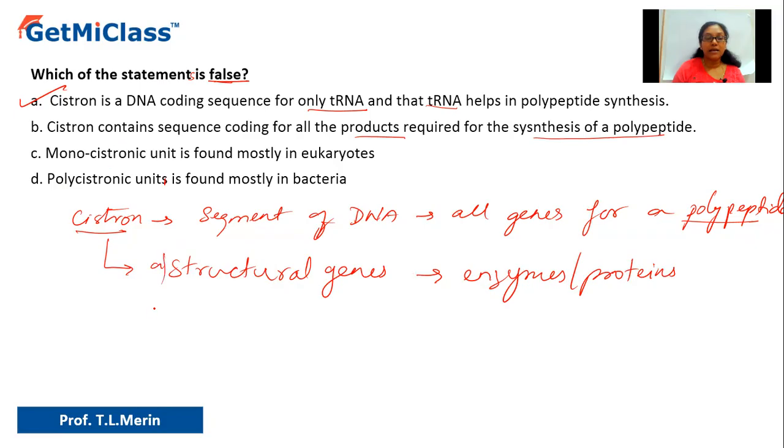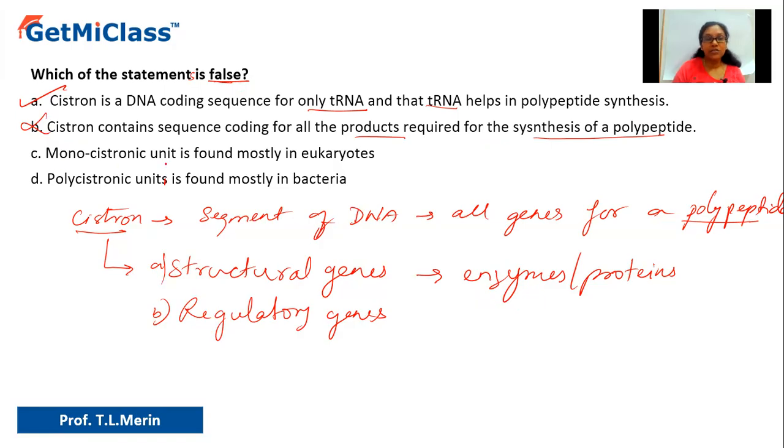And the second one is regulatory genes, which are involved in the regulation of the expression of the polypeptide chain, or regulation of the expression of these other genes. These are the two main components of cistron. It is not one gene, it is a group of genes. So option B is absolutely right, but that is not our answer, because we are looking for the false statement.